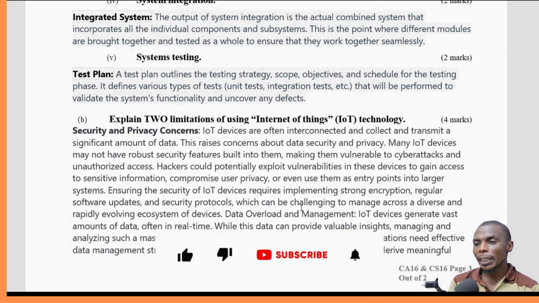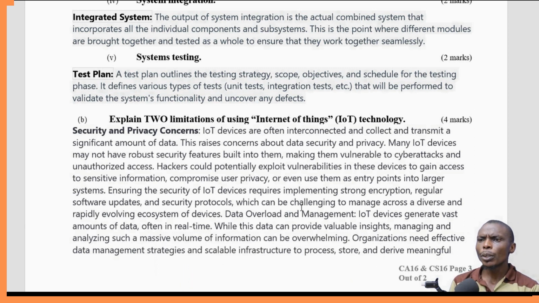Then question B says, explain two limitations of using Internet of Things, or this IoT technology. So as we know, the first one is security and privacy concern. IoT is a technology that is used to gather information from very many very diverse things. It could be from non-living things or even living things, using integrated technology. So they gather a large amount of information.